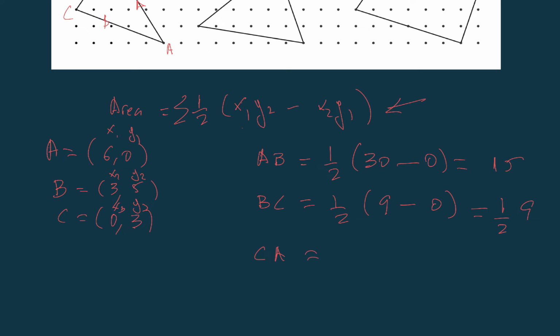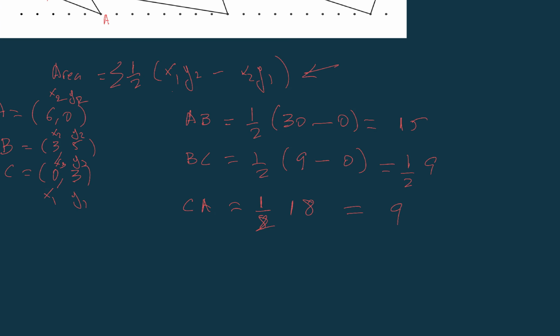And now CA. CA will be, so this is x1, y1, and this is x2, y2 now. So x1 times y2, 0 by something, is 0, minus x2 times y1, x2 is 6 by 3, 18. 1/2 of 18, or 9.